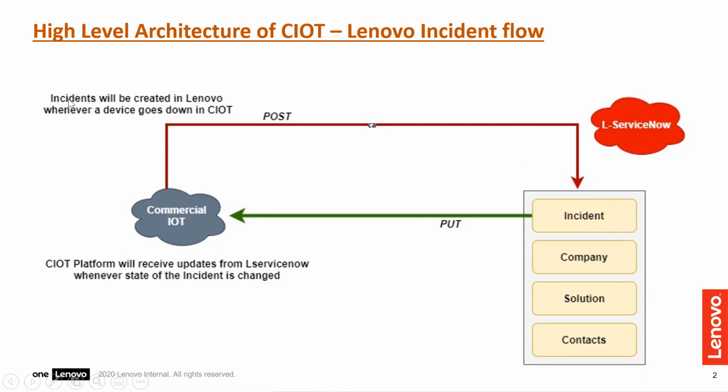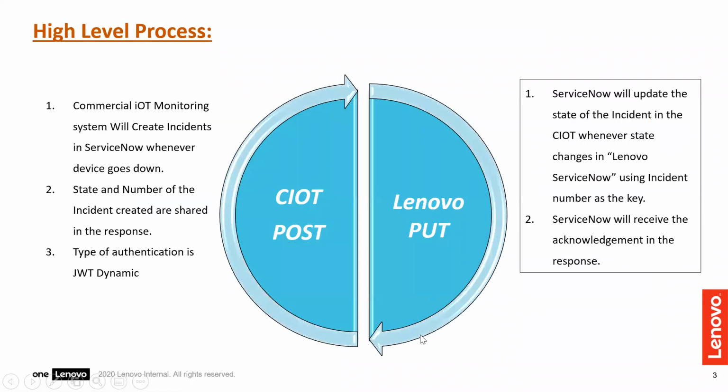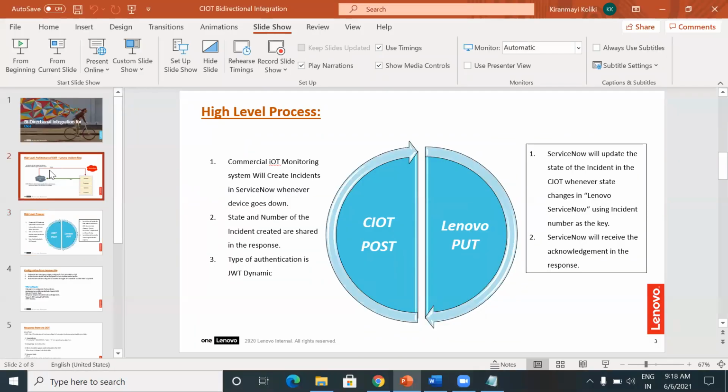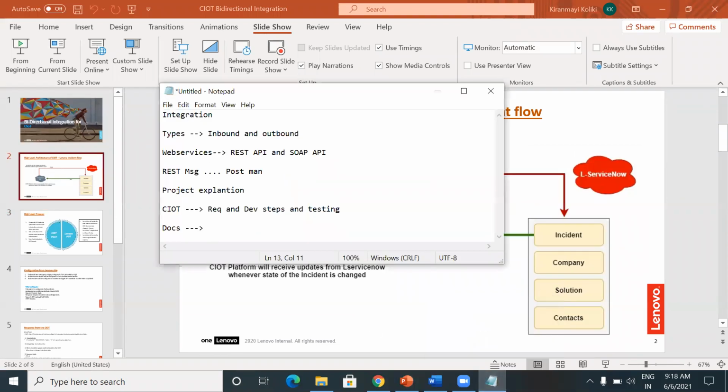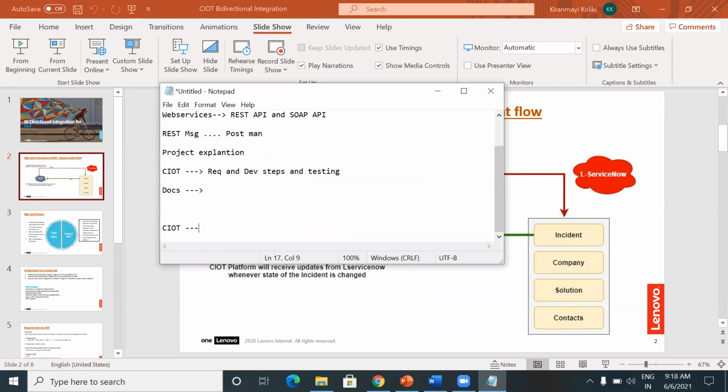Okay, now see, incidents will be created in Lenovo whenever a device goes down in CIOT. So whenever an incident, what's the functionality, let me tell you this first. CIOT is nothing but a monitoring tool actually. Okay, monitoring tool. So they are going to maintain several servers, multiple servers.